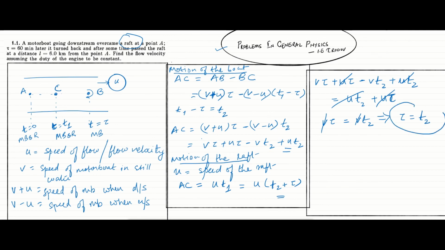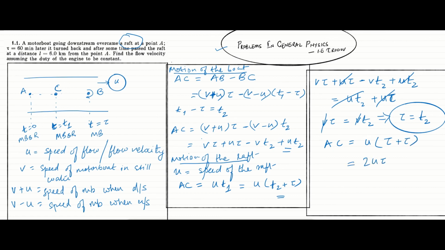This is an interesting relationship that we got. Now if we substitute t2 equal to tau here, we get AC equal to u times tau plus tau, which is equal to twice u tau.